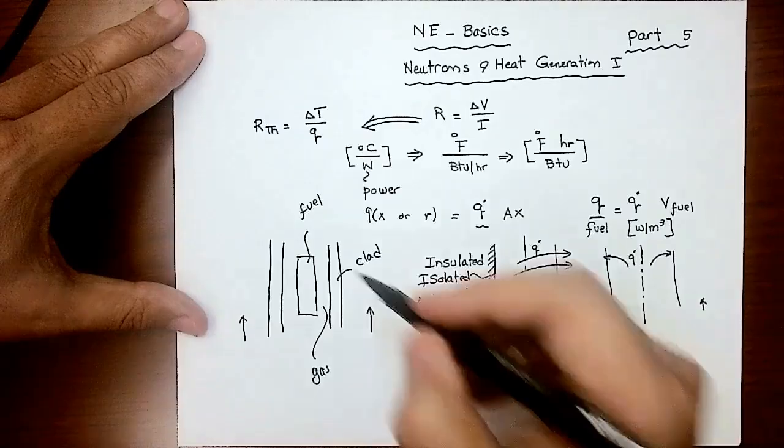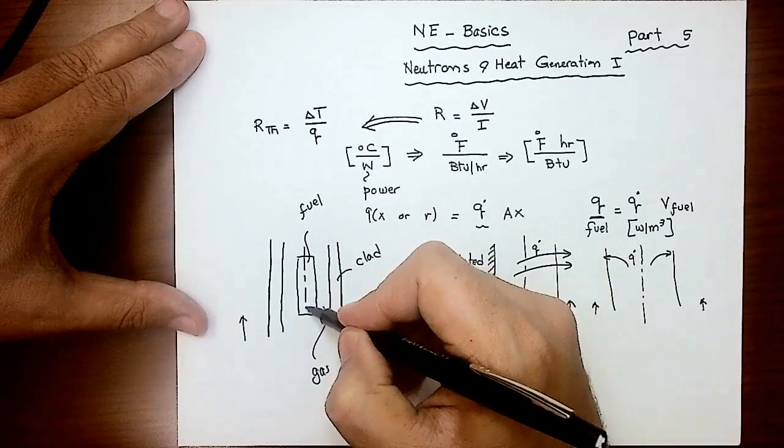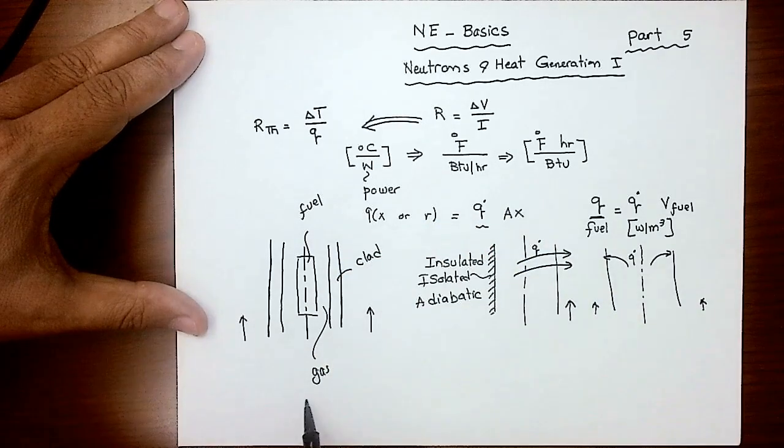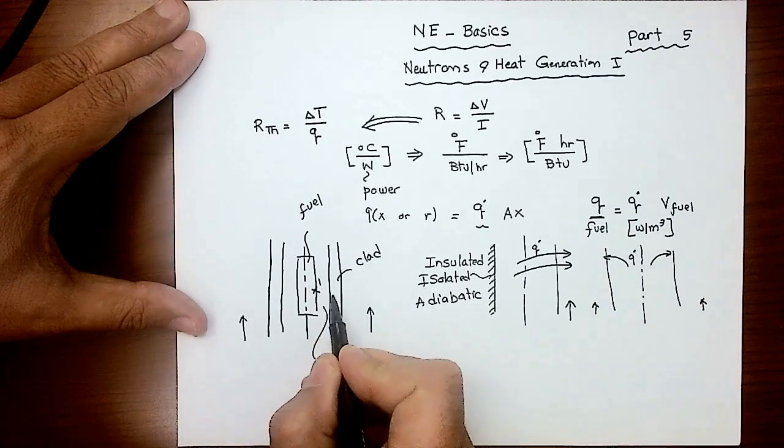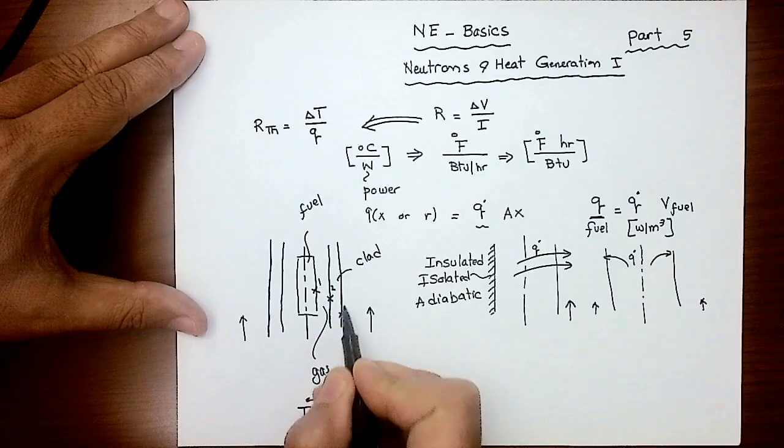So now we can say that, hey, we know that the maximum fuel temperature is at the center point. I can represent the fuel, then the gas gap, then the cladding, then the coolant. So this is Tmax. Then if you call these 1, 2, 3, this is temperature 1, temperature 2, temperature 3.